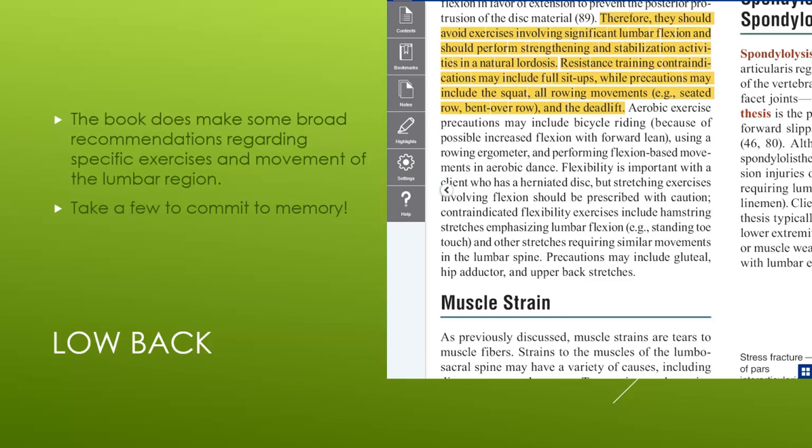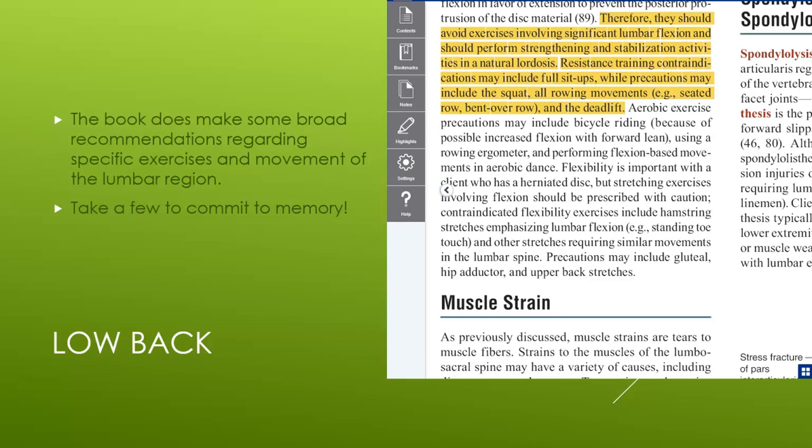Therefore, they should avoid exercises involving significant lumbar flexion and should perform strengthening and stabilization activities in neutral lordosis. Resistance training contraindications may include full sit-ups, while precautions may include the squat, all rowing movements, and the deadlift.